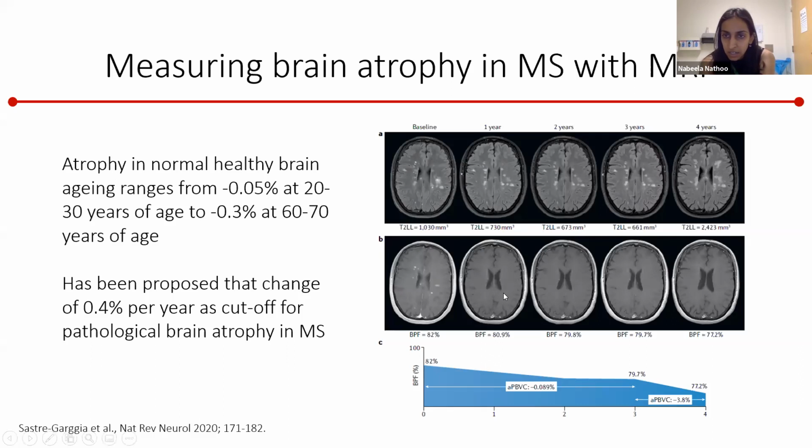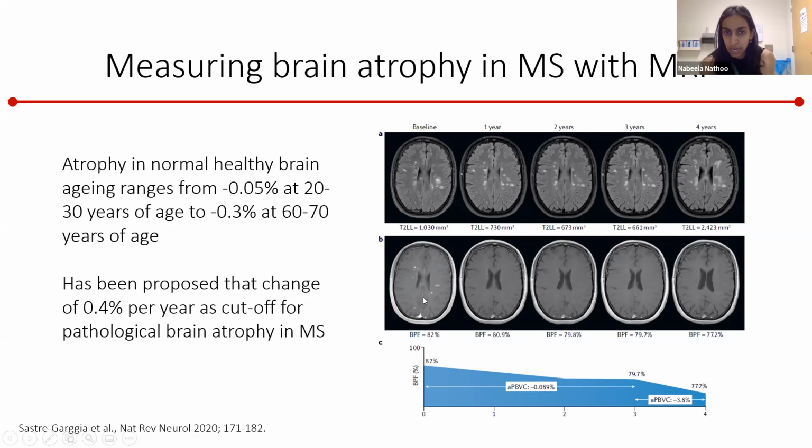You can see, at least in the image here, that if you look at the baseline image in the top panel A compared to the 3-year image, the number of white matter hyperintensities has not gone up substantially. There is a bit more at 4 years.